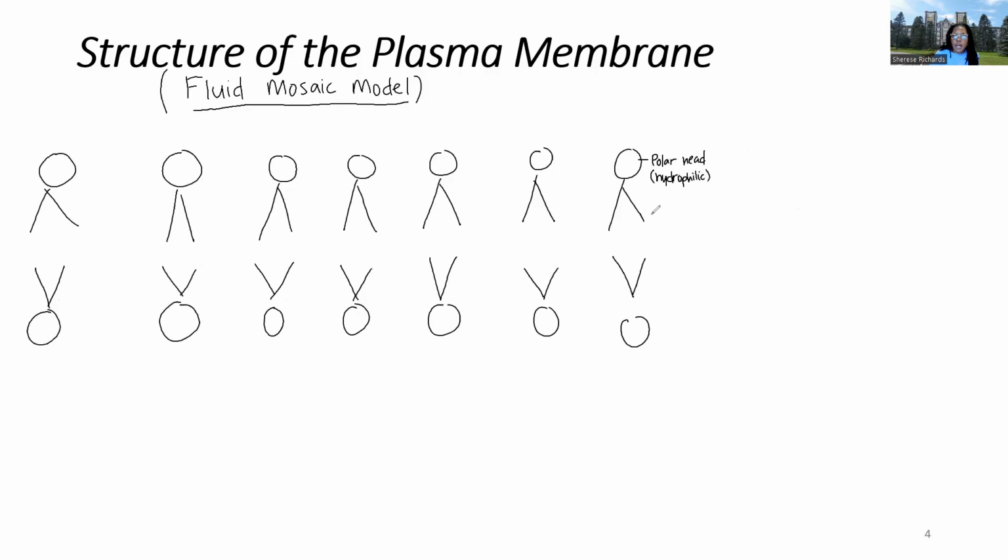And then it's got the non-polar tails, which we know are hydrophobic, right? Fearing of water. So hydrophobic. All right. And so this is what really forms the basis of the plasma membrane, right? So let's sort of describe that here.